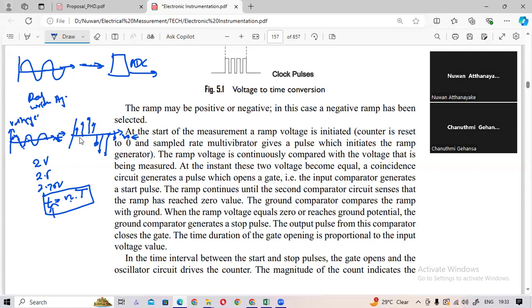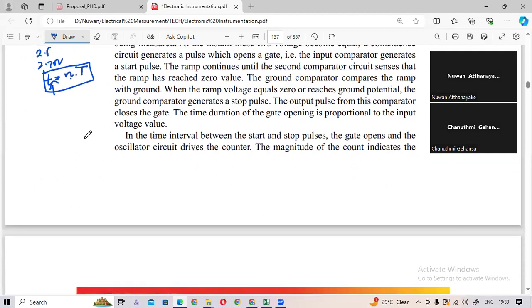Then the next process is quantizing. Quantizing means, if you consider an ADC, the ADC can represent an analog voltage value using several bits.